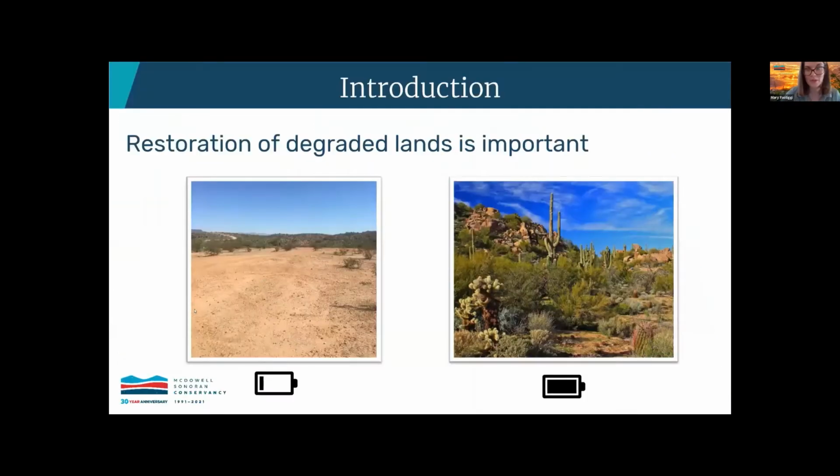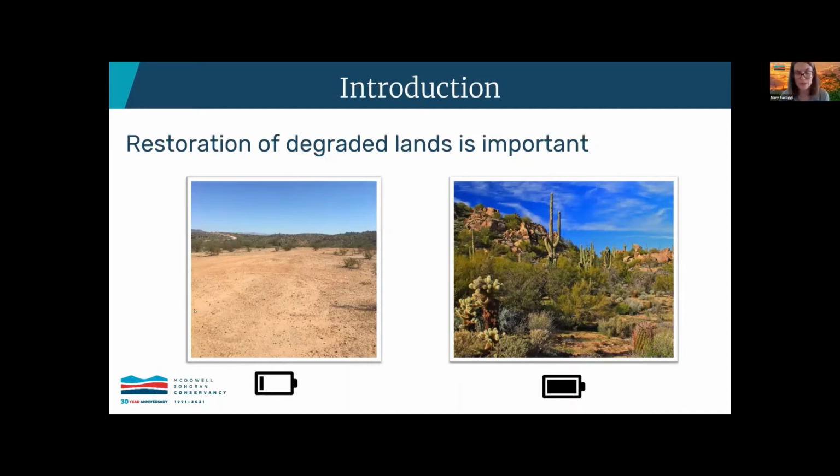So as an introduction, we've learned a lot about restoration and why we want to restore lands. I kind of think of a degraded site as a piece of property that's on low battery. It's an area that can't hold the same amount of rich habitat value because it's missing so many different pieces.